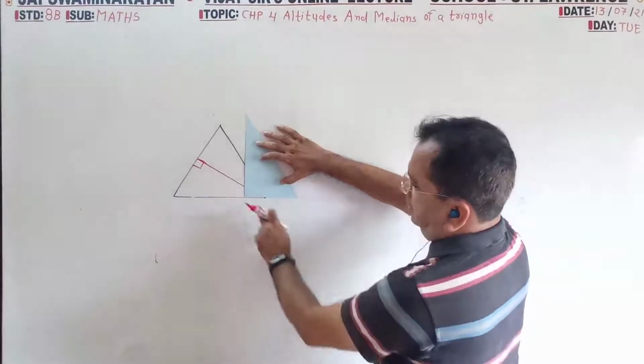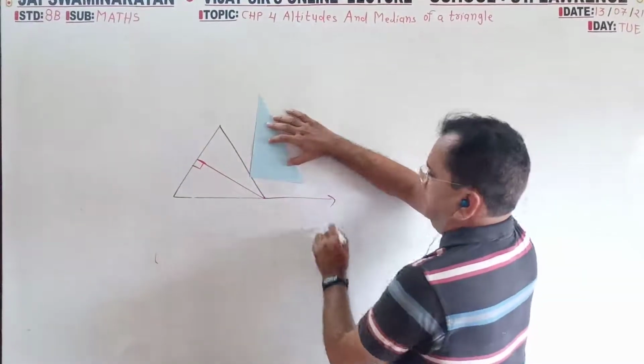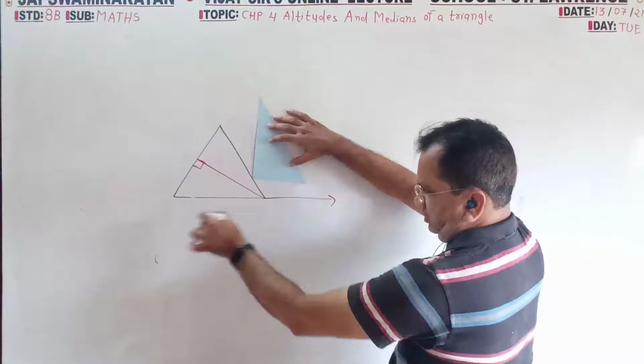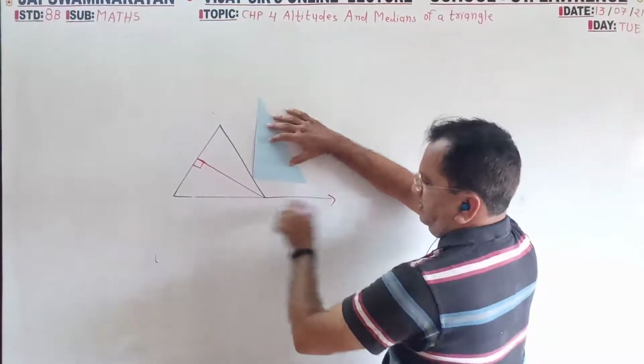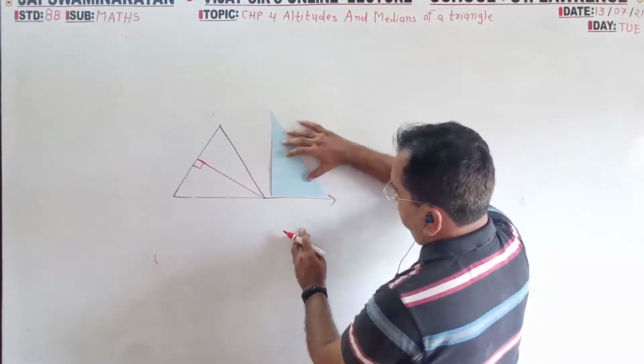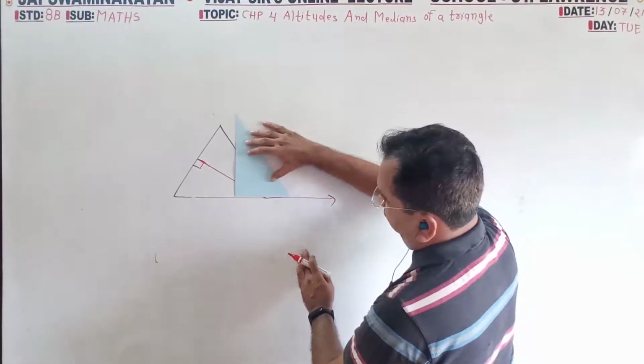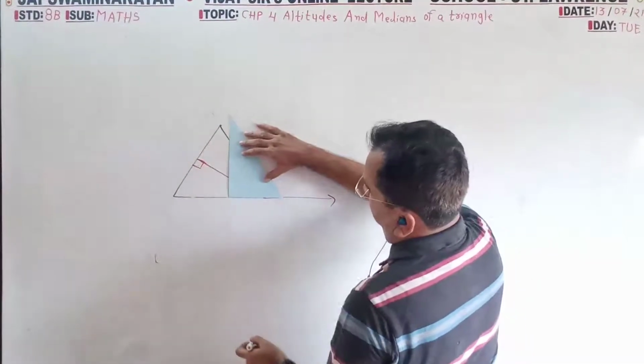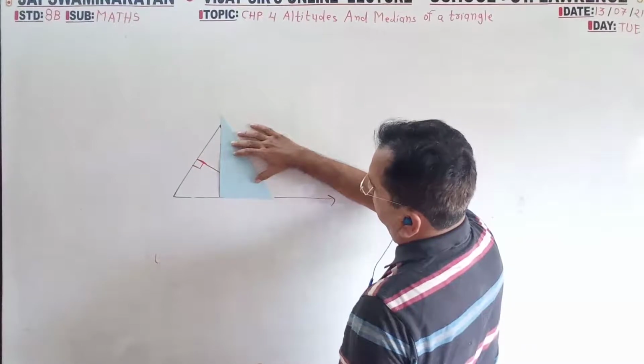Correct. Now see, listen again. This is a horizontal line. Just shift. See the point, it should be here. By shifting here.